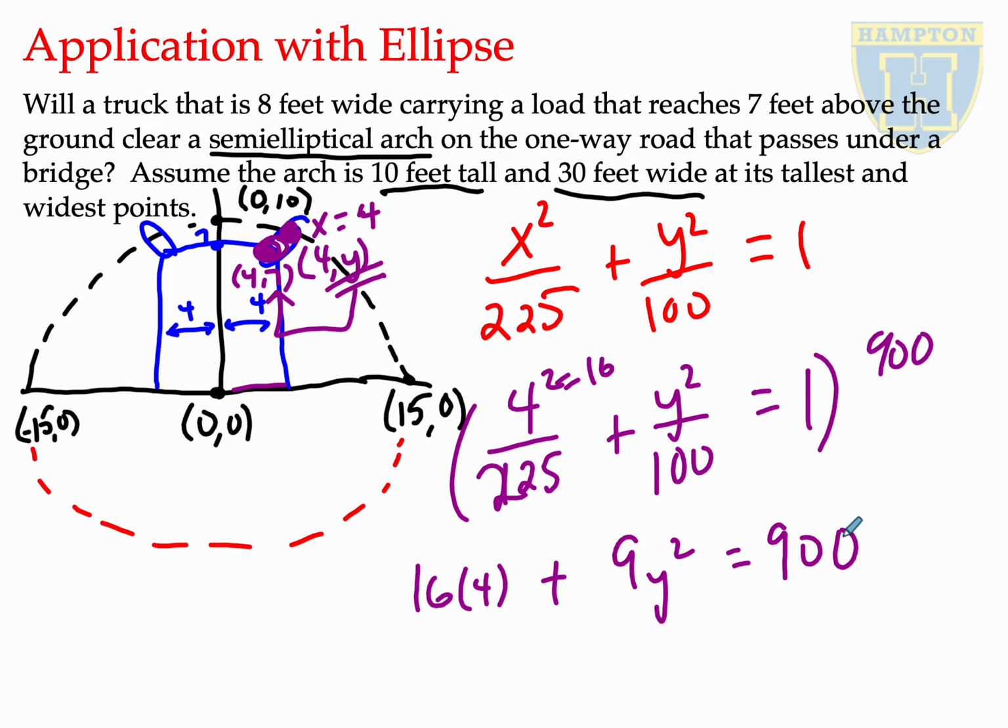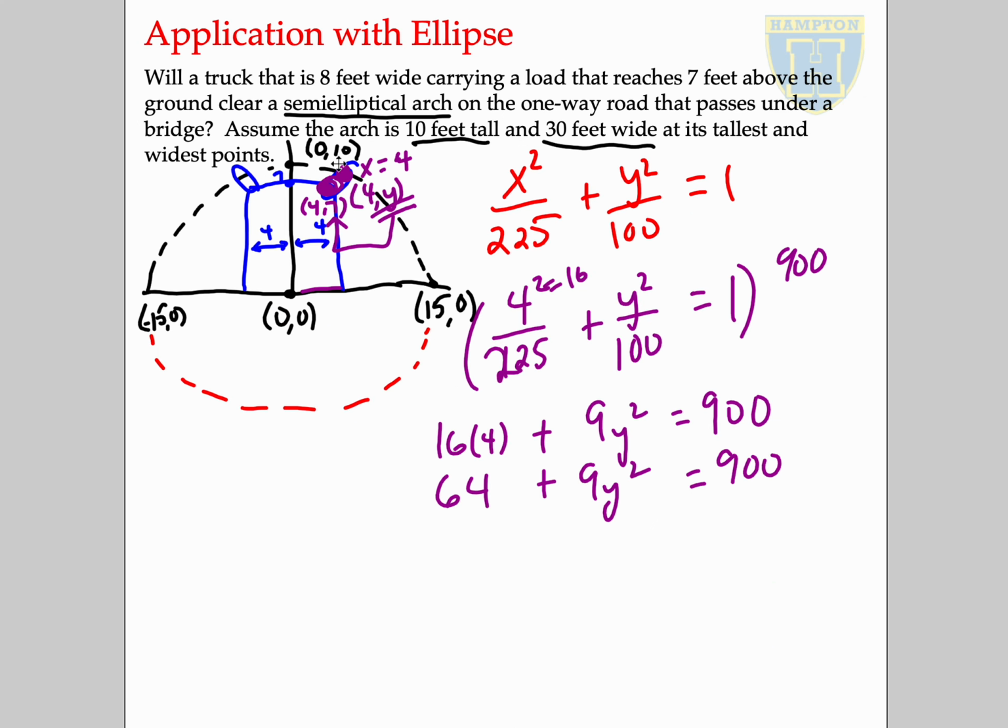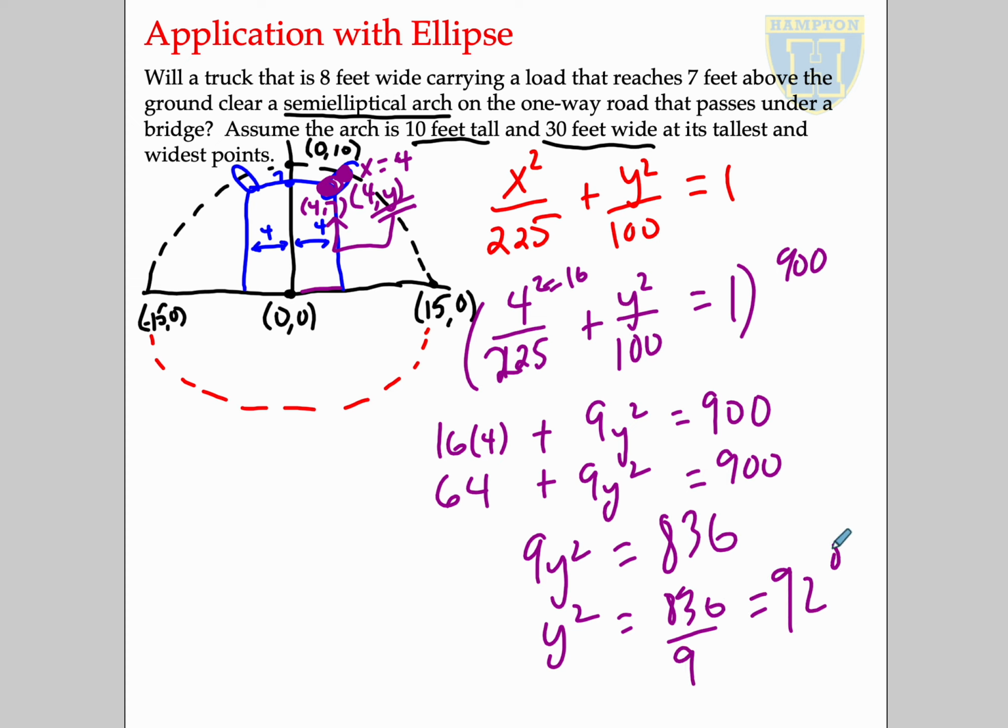We get 64 plus 9y squared is equal to 900. We subtract, and 9y squared is equal to 836. We divide by 9. 836 divided by 9 is 92 and 8/9. And then we finish with the square root of 92 and 8/9, giving us a final height on the ellipse of 9.64.